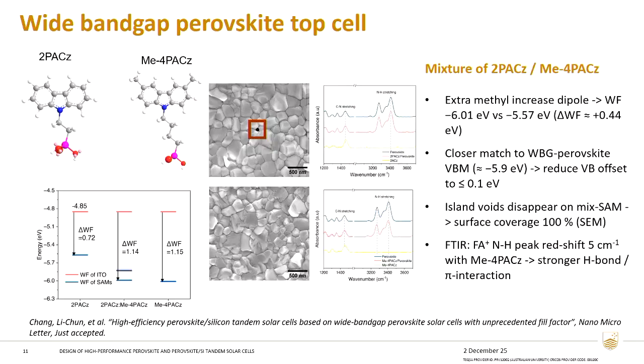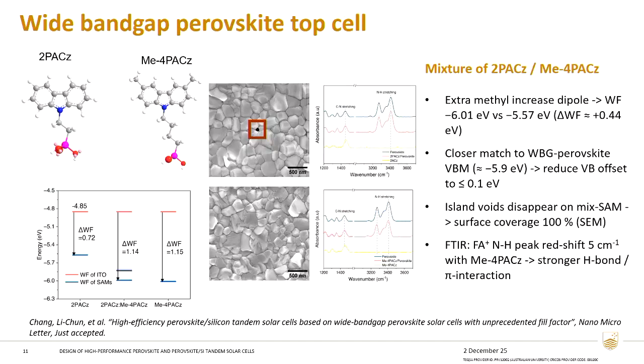Therefore, there is a necessity to engineer the charge transport materials that work together with this wide bandgap perovskite material to allow high performance. One of the strategies we have designed and tested to be successful is to use a hybrid or mixture of SAM materials. For example, we used the commercial 2PACz again as a base, and we added MeO-4PACz, another commercial, widely used SAM material, which allows us to tune the energy level in a way that reduces the energy offset with the perovskite, so that we allow not only efficient charge transport between the perovskite and this hole transport material, but also reduce the energy loss.